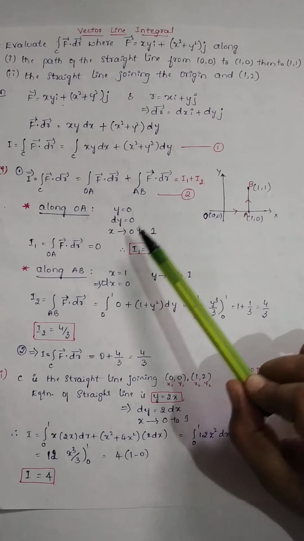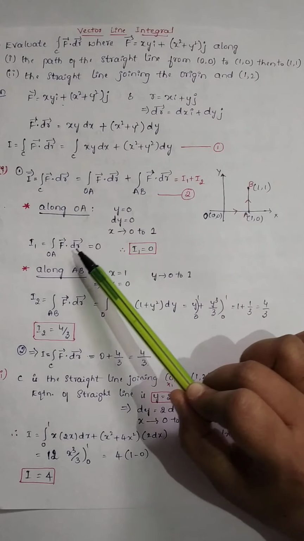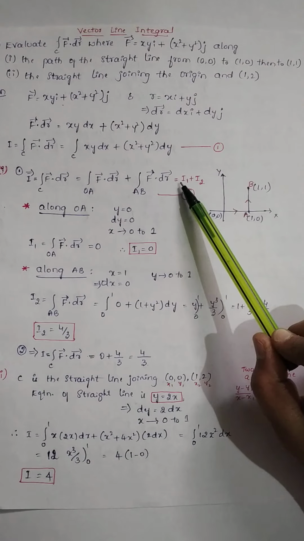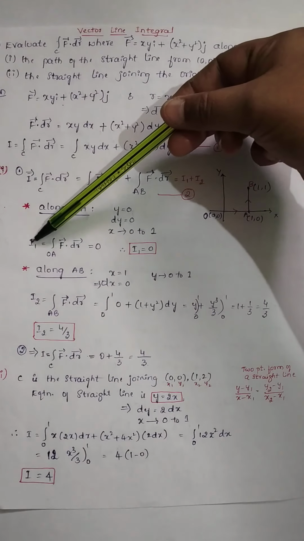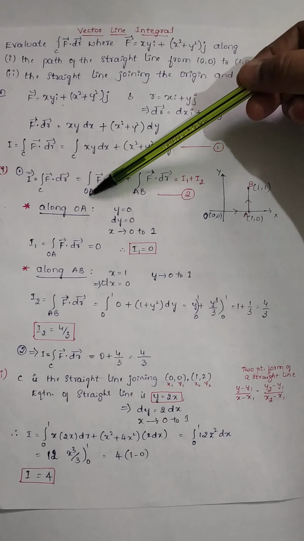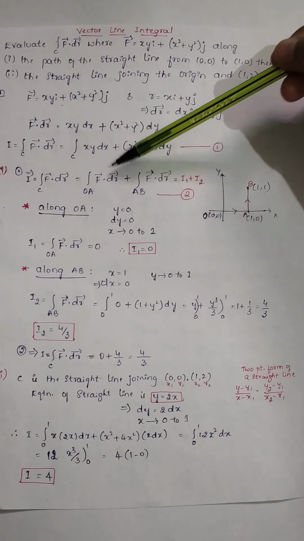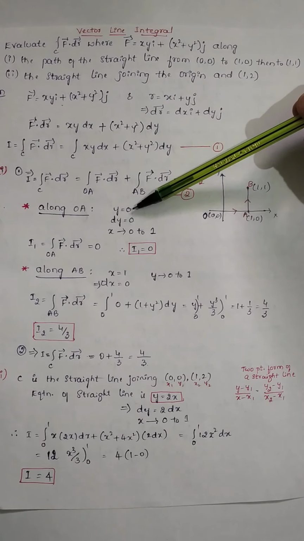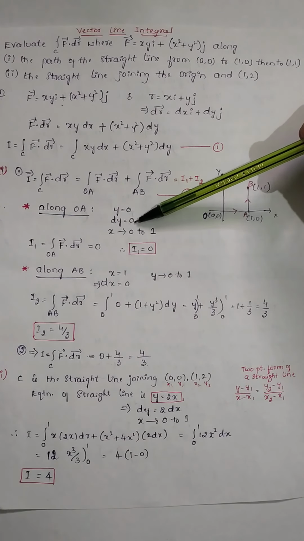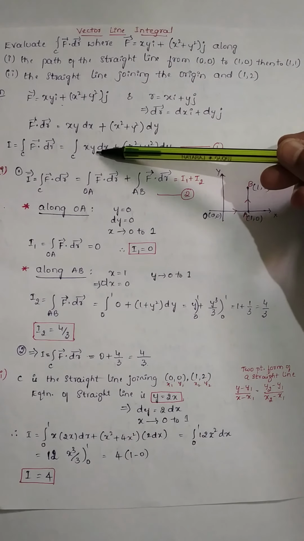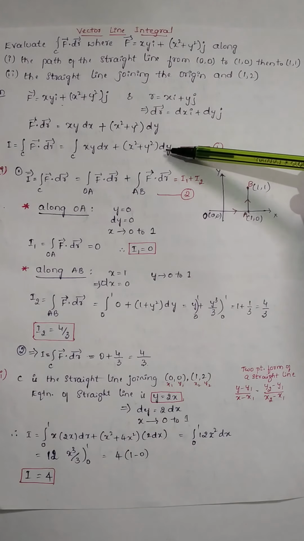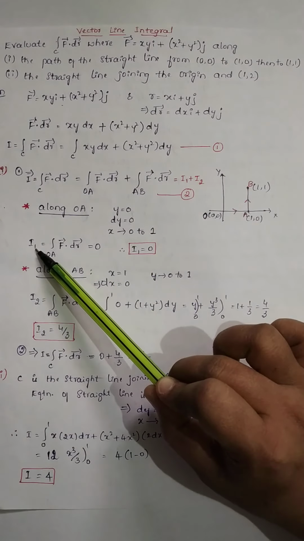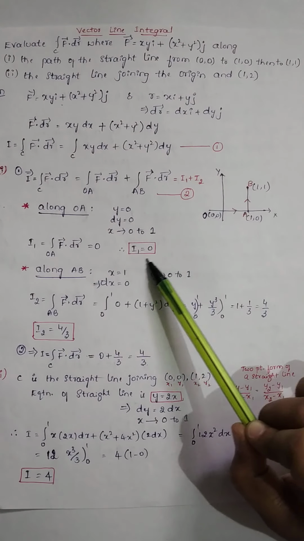To convert this F dot dr to a single variable, you need to substitute all these in I1. I1 is nothing but the integral over OA of F dot dr. In this expression, you put y equal to 0 and dy equal to 0. y is present in the first term, and dy is present in the second term, so both are zeros. So we got I1 is equal to 0.